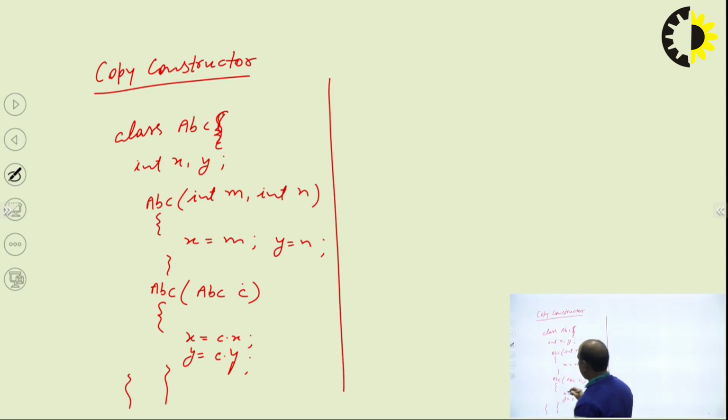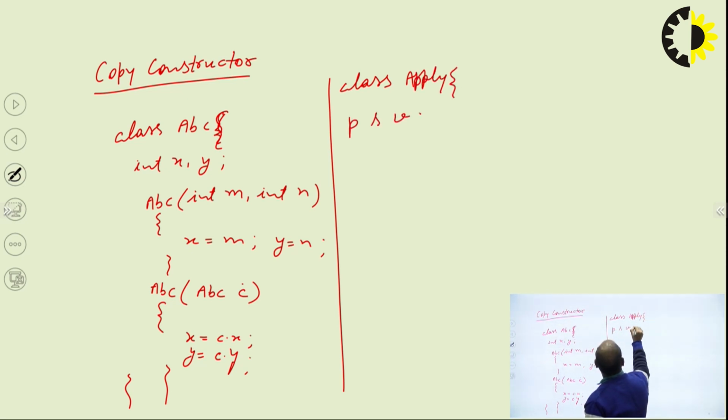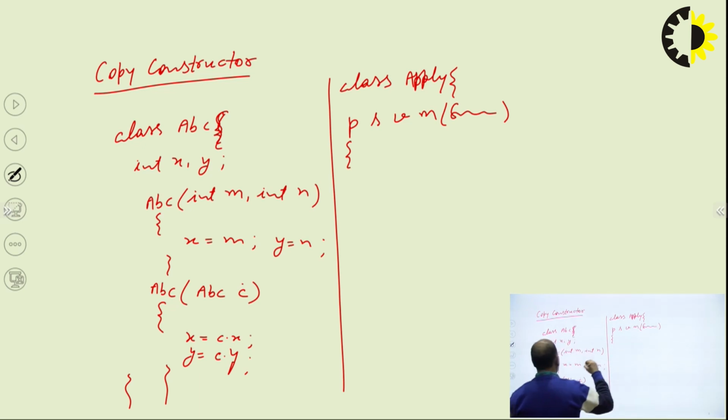Now if we want to use this constructor, we have to create an object of this class. There is another class, Apply, and here there is the public static void main function. I am writing String args, which I hope you all know.